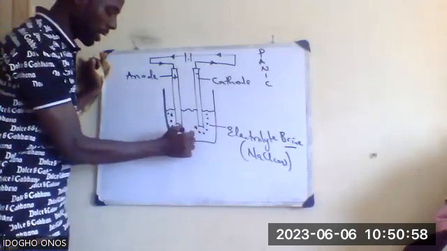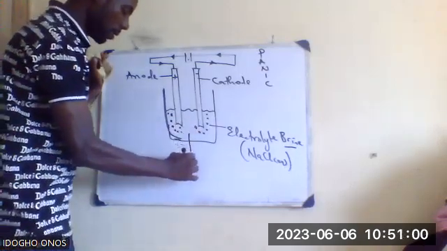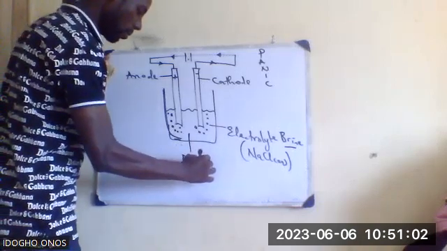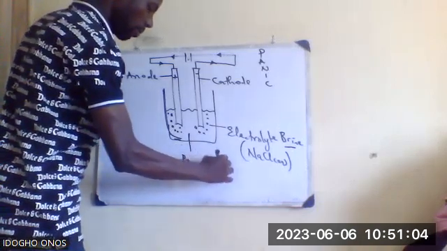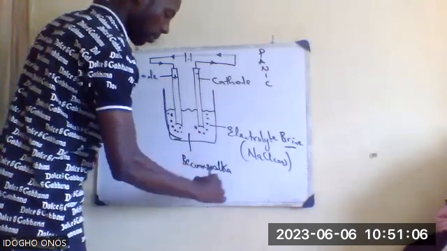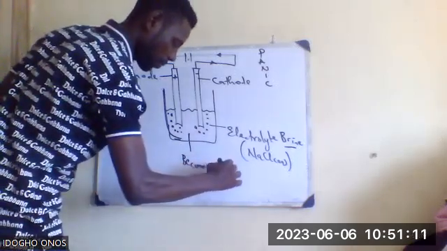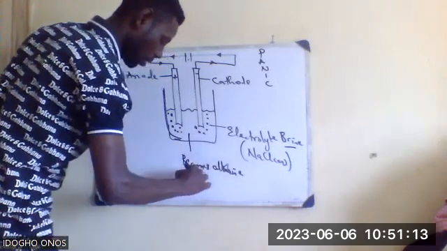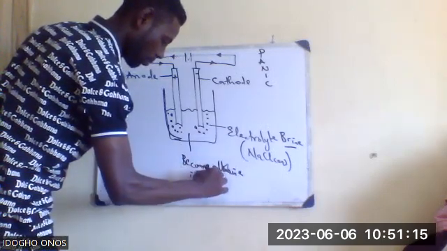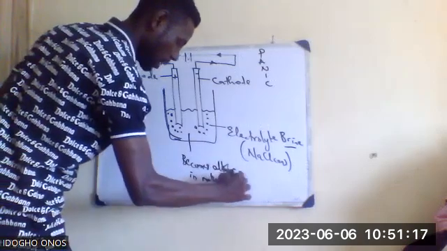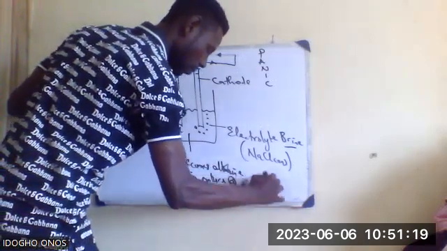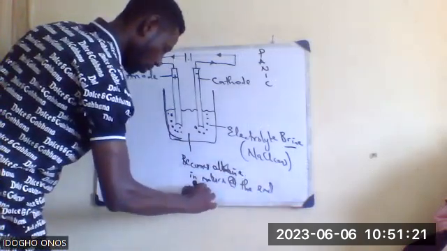Then the electrolyte, or the concentration, becomes alkaline in nature at the end of the electrolysis.